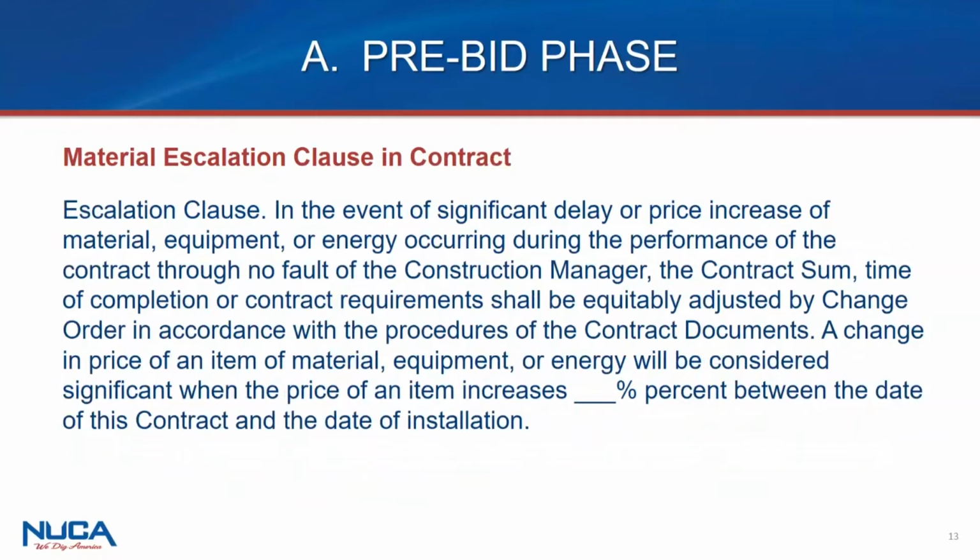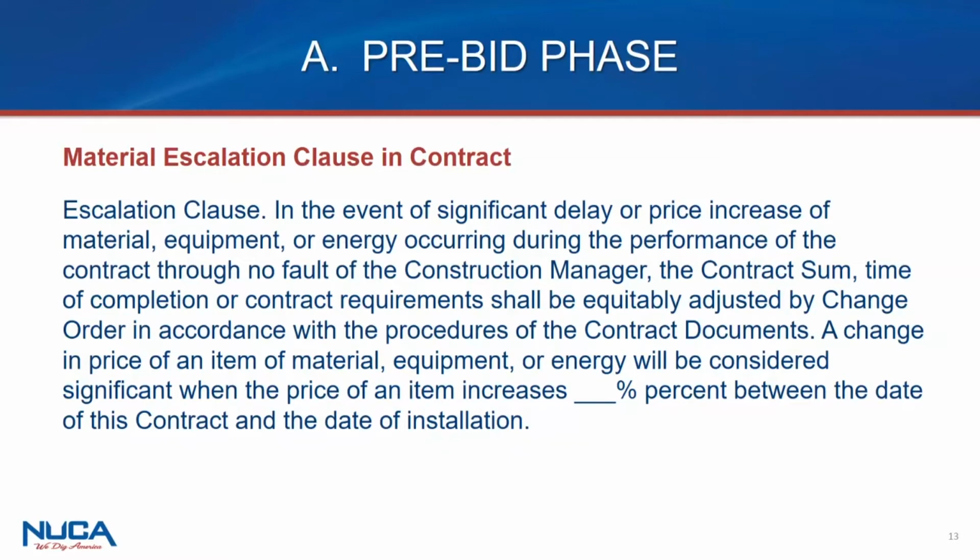It says, In the event of significant delays or price increases in material, equipment, or energy occurring during the performance of the contract through no fault of the construction manager, prime contractor, subcontractor, whomever you are in that chain, the contract time of completion or contract requirements shall be equitably adjusted.